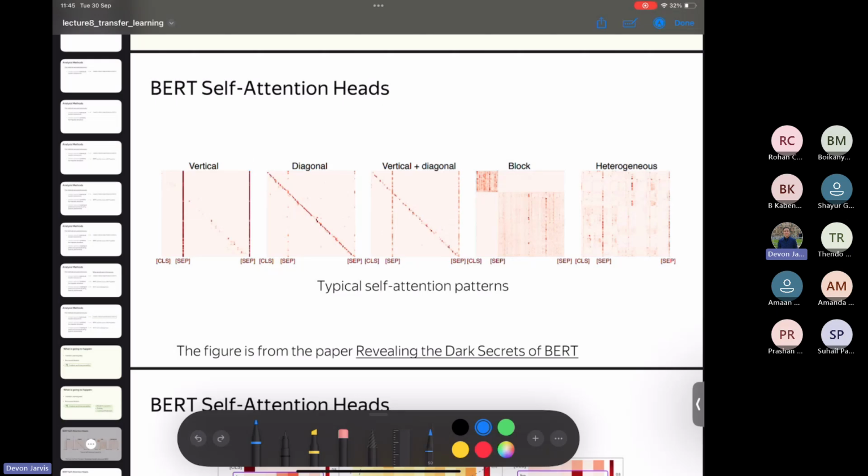On the flip side, there is the stuff that we saw last week when we were looking at transformers, where they also like to look one word forward or one word back. So you would get these diagonal patterns of attention, where it was trying to keep track of the most important words in the vicinity of your current word. You would get mixtures of it: attention heads that were looking at multiple types of words in your sentence and using the combination of them to be informative.